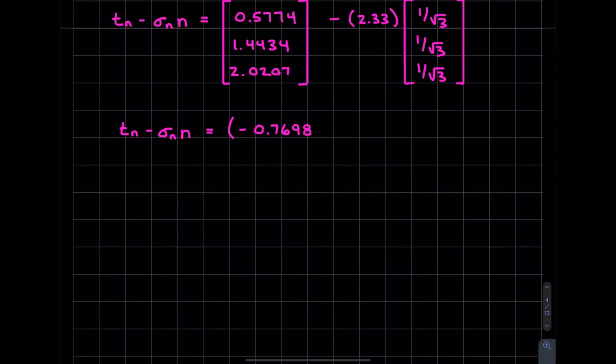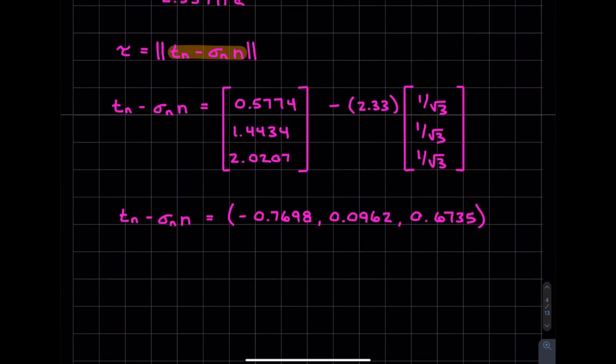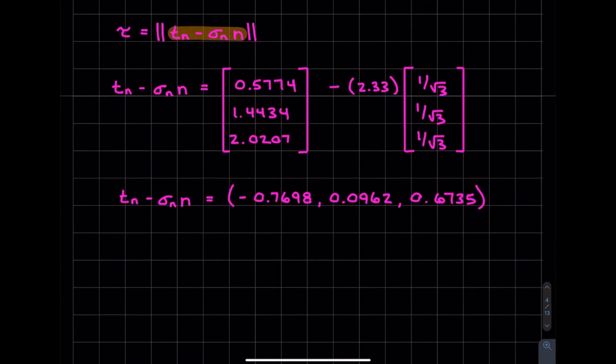This is component 1, so I'm going to separate them by a comma. 0.0962. And then my final one is 0.6735. So a lot of decimal places, again, a lot of cringe, but that's okay. What kind of instructor would I be if I didn't make you guys cringe once in a while?